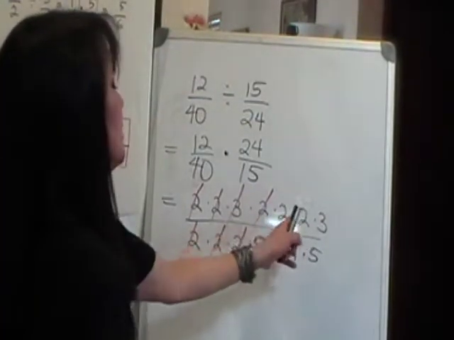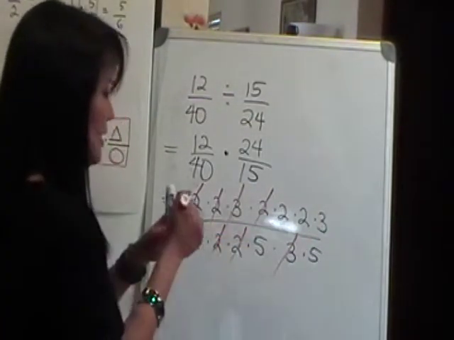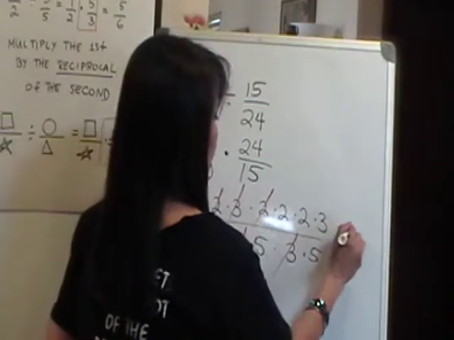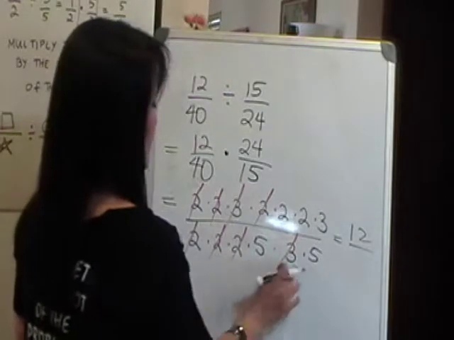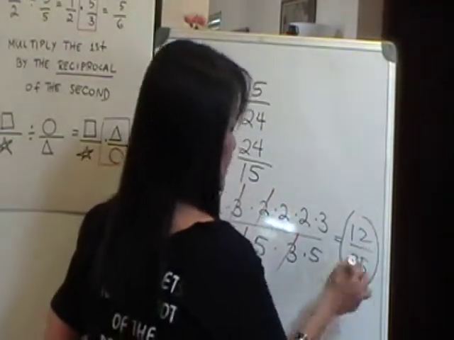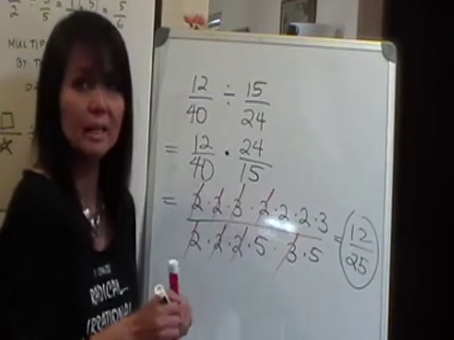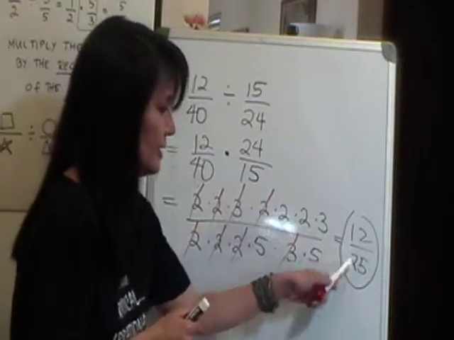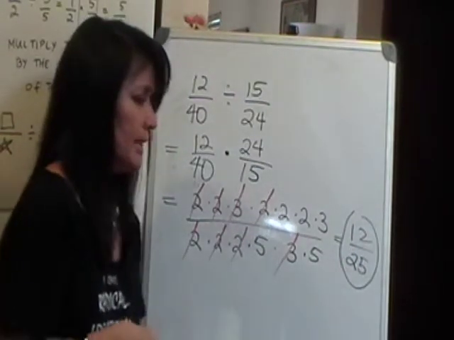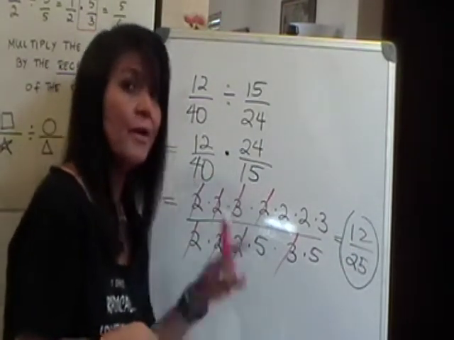I have 2 times 2 times 3 left here. So that means the answer is 12 in the numerator, and in the denominator it is 25. I know you feel that this is still a fat fraction, but there's really nothing that these two have in common. They don't have any common factors, so that's your final answer. So that's how you divide your fractions.